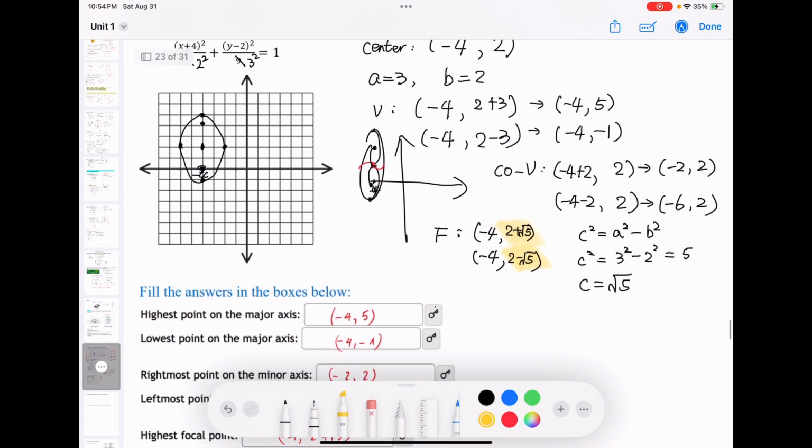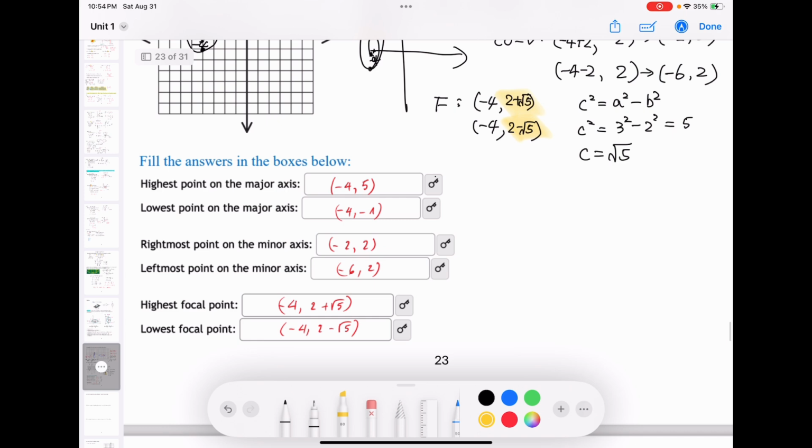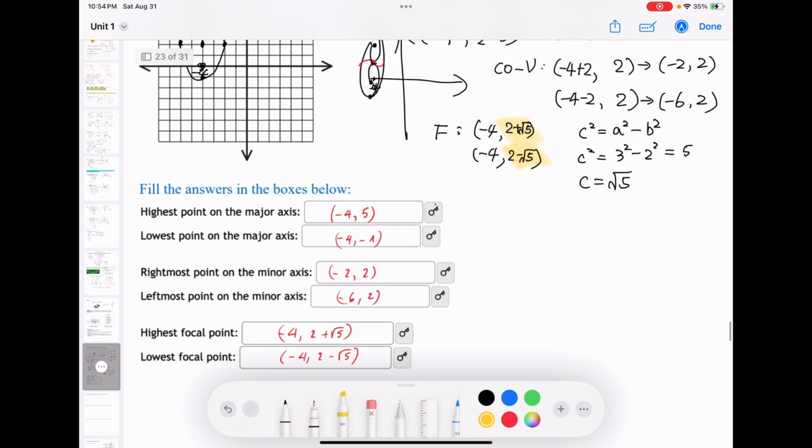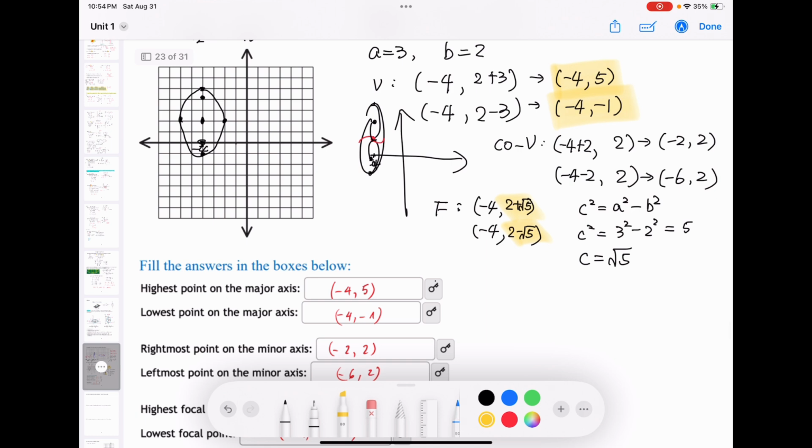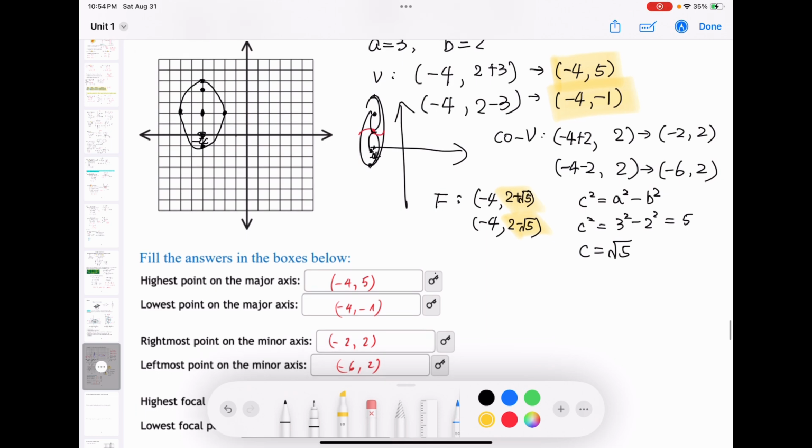So in your homework, you have to fill out the blanks. Highest point on the major axis, lowest point on the major axis. These are my two vertices. And second, the rightmost point on the minor axis, leftmost point on the minor axis.